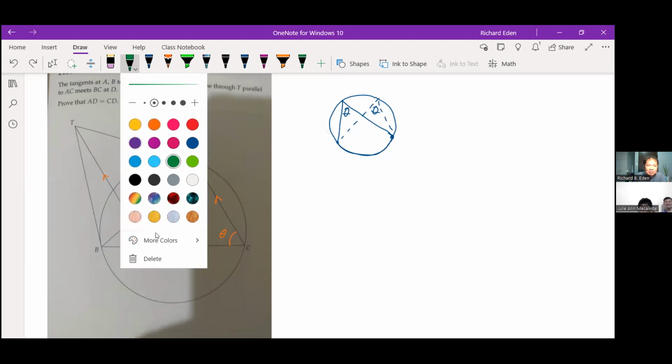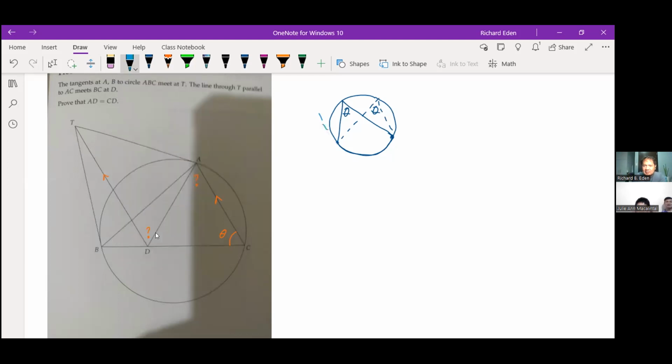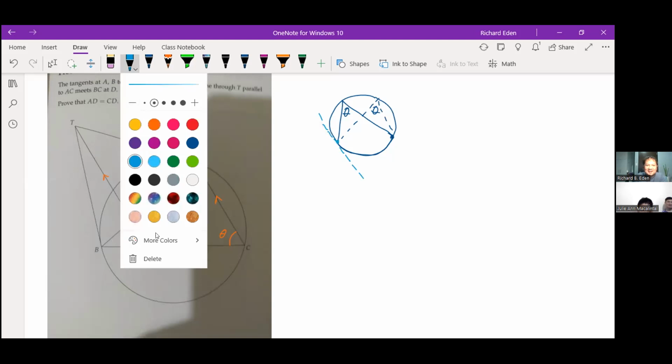Let's try something which stands in greater contrast. A darker one. Darker blue for more contrast. Actually, I don't have any darker blue, so I'll use the same color.